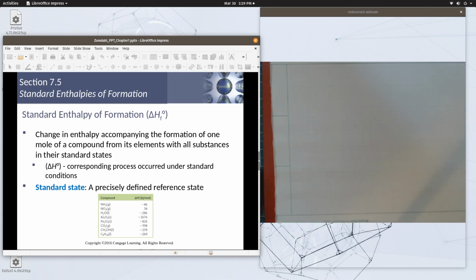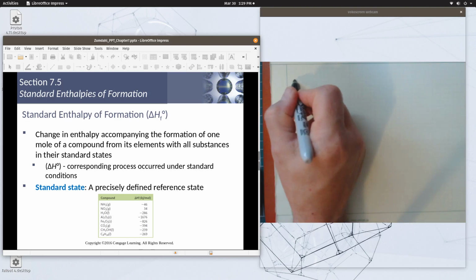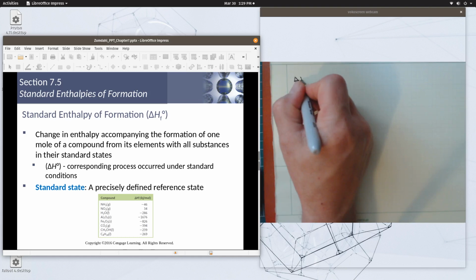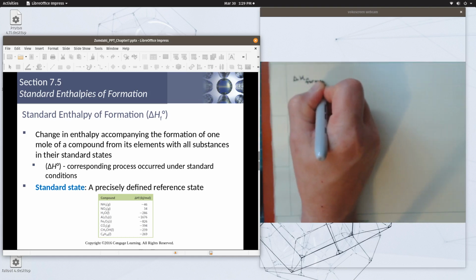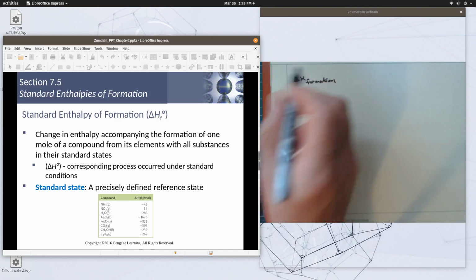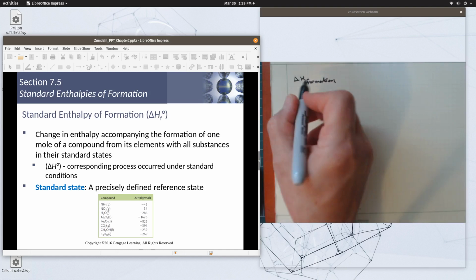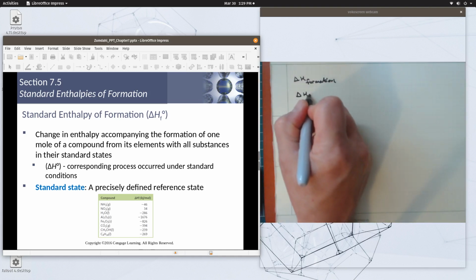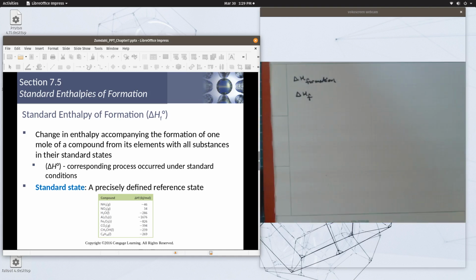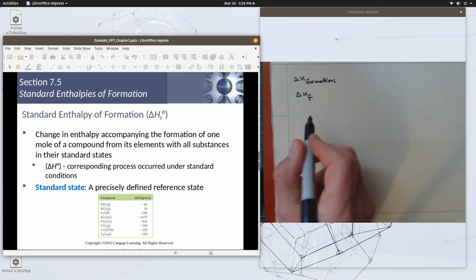So again, let me reiterate this. The enthalpy of formation, the delta H of formation, and there are all sorts of different ways that we can denote this. So delta H_f is what's denoted here in the notes, the enthalpy of formation. Remember what enthalpy is.